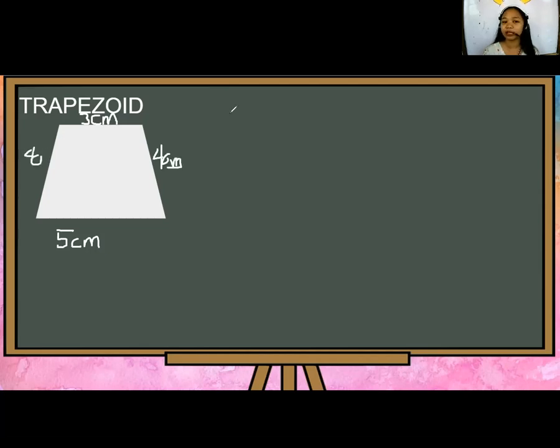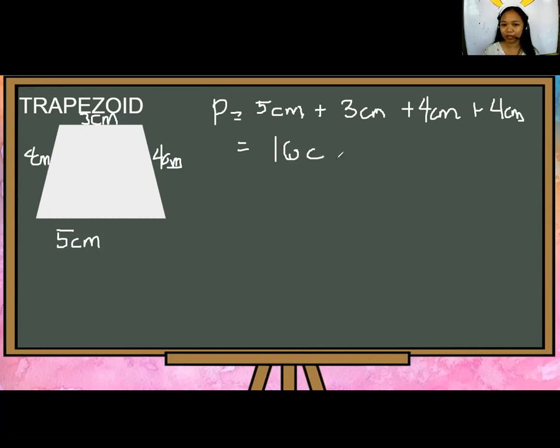So just like earlier, in getting the perimeter, you just need to add all the sides. So that is 5 centimeters plus 3 centimeters plus 4 centimeters plus 4 centimeters. Okay, so that is 5 plus 3, 8. 8 plus 4 is 12. 12 plus 4 is equals to 16 centimeters.